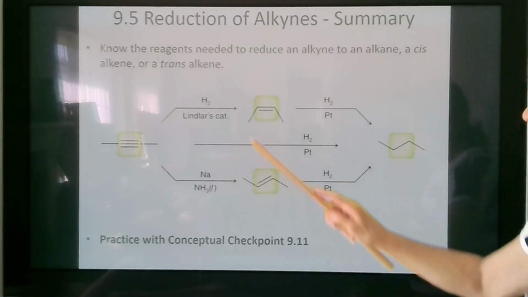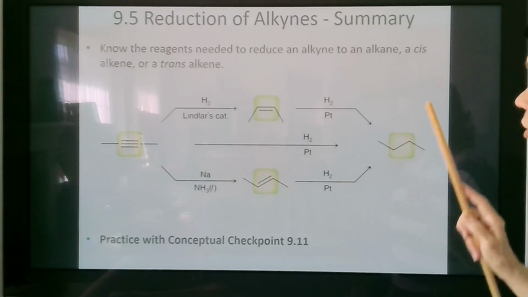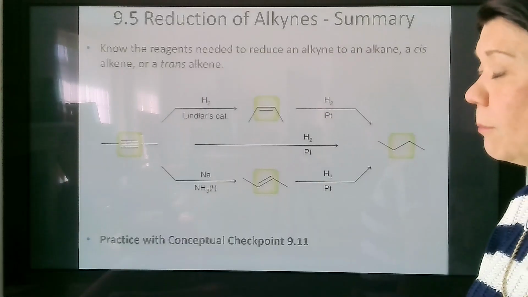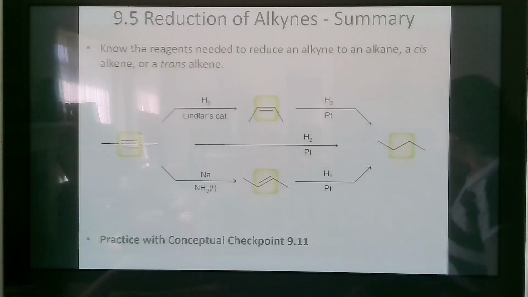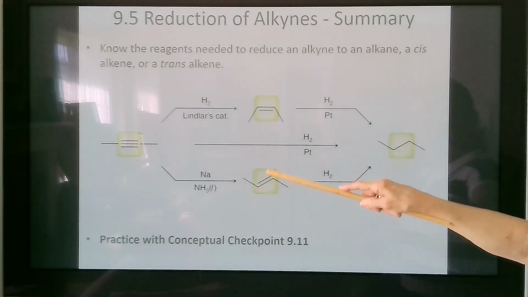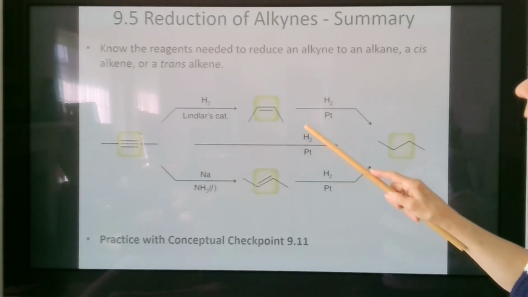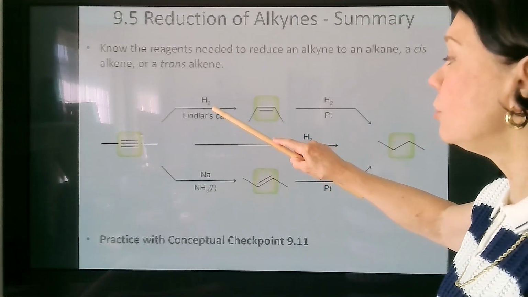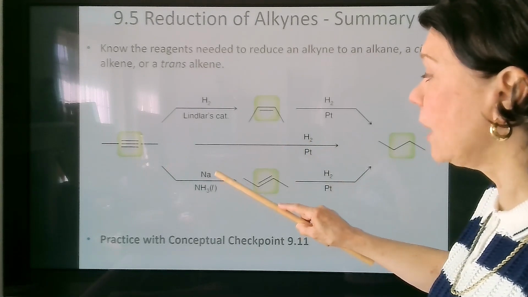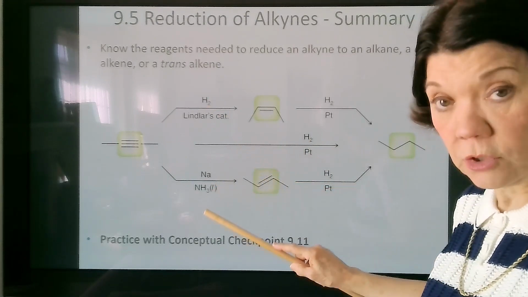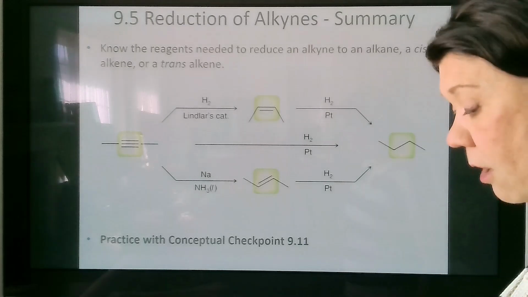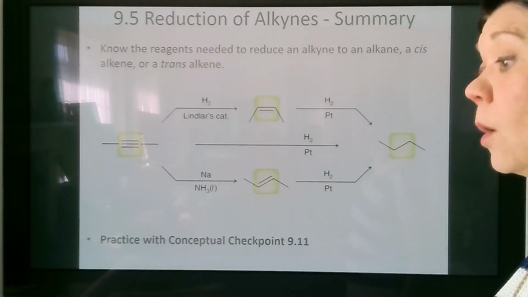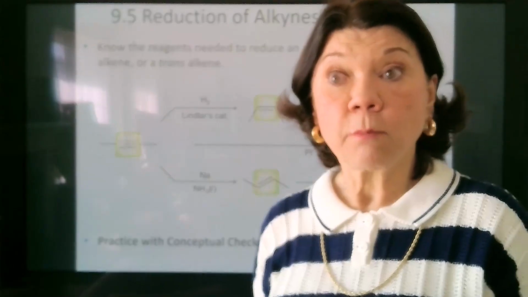So you have three separate hydrogenation products that can be obtained from an alkyne, and you'll just have to remember what they are. Each one is linked to a specific reaction, reagent, and conditions. I've gone over them in a way that I'm hoping will help you remember them and keep them straight in your mind.